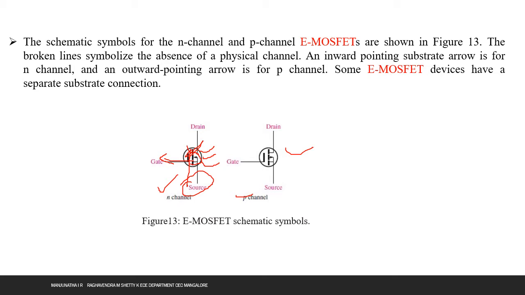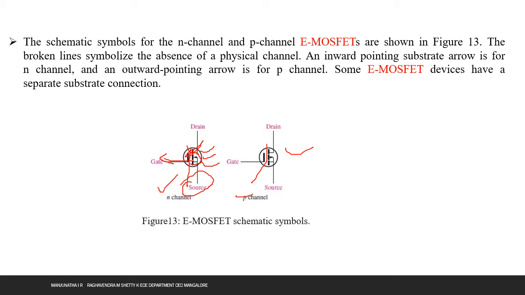For a P channel, again there is a gap. Why is there a gap? Because there is no channel. We want to create, or enhance, the channel just by giving a voltage from VGG.